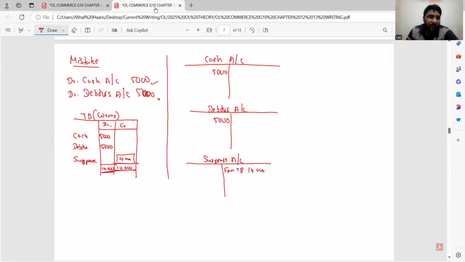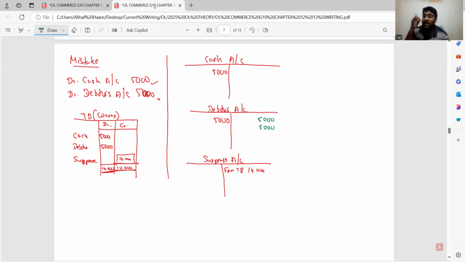So in order to correct it, first we have to remove this mistake, 5,000. The debit amount, you have to remove it first. Then you have to record the correct amount. If you write only 5,000, that wrong 5,000 will get cancelled off. The debtors account should get credited 5,000 to cancel off the debit that you put.